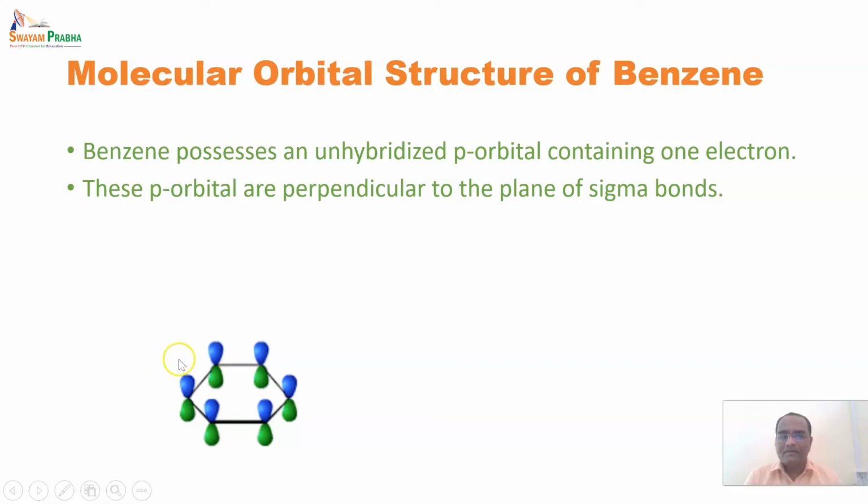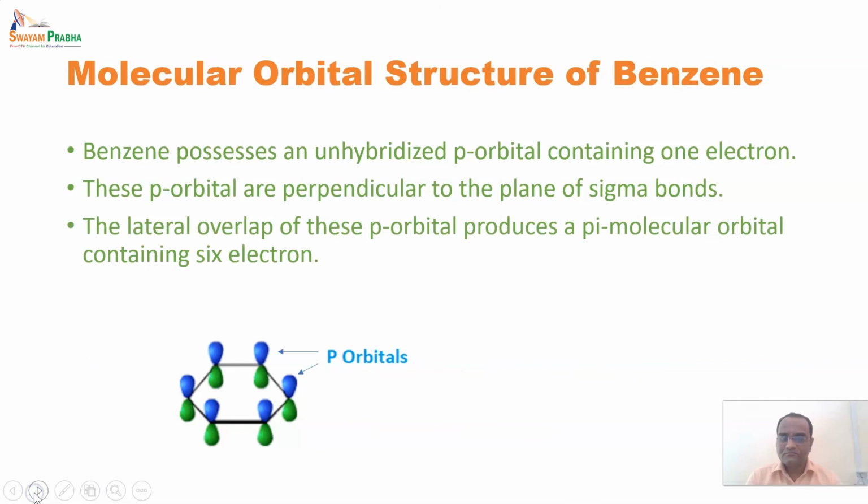Each p orbital contains only one electron, and they are perpendicular to all the sigma bonds we have seen in the earlier structure; they are perpendicular to the plane of the ring. The lateral overlap of these p orbitals produces a pi molecular orbital containing 6 electrons.